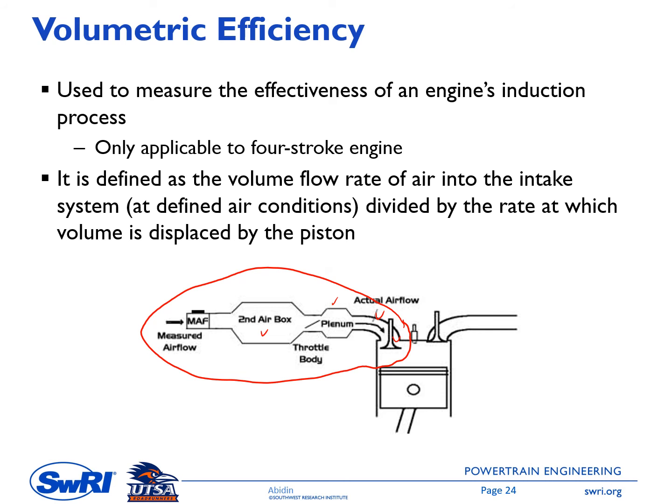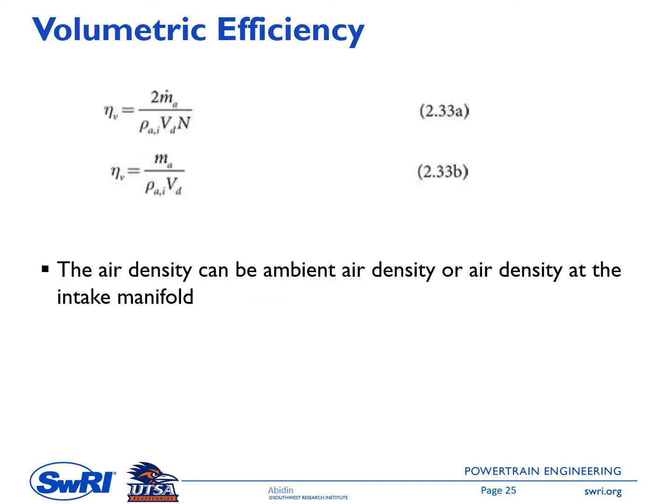The volumetric efficiency is defined as the volume flow rate of air into the intake system at a defined air condition divided by the rate at which volume is displaced by the piston. So we have this correlation.